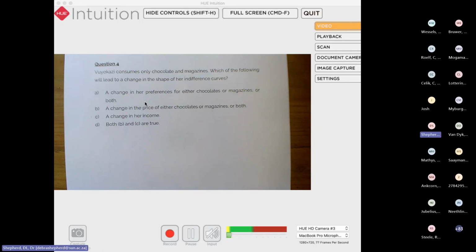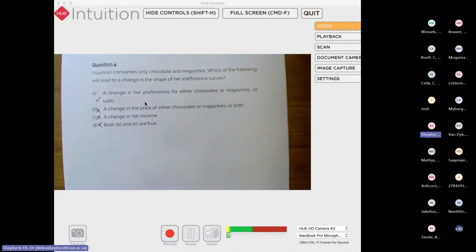So A, as Ms. Matheson says, is a true statement. We've already said if her preferences change, that will change her indifference curves. Just to check that the rest are wrong, if there's a change in price, that would affect the budget line. So this is wrong. A change in income would affect the budget line. D, both B and C, wrong.